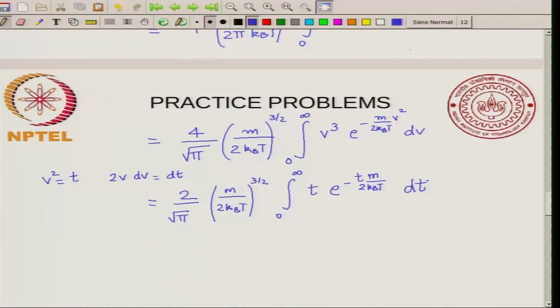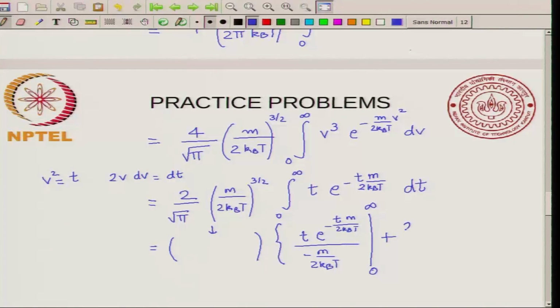So, the first term will be t e to the minus t m by 2 kBT divided by minus m by 2 kBT, and this has to be evaluated at the boundaries 0 and infinity, and the other term will look like, minus minus, it will become plus 2 kBT by m, and I have integral e to the minus t m by 2 kBT dt from 0 to infinity.